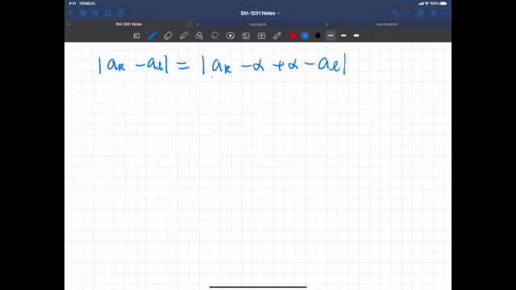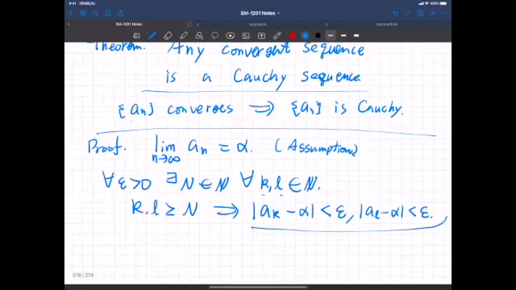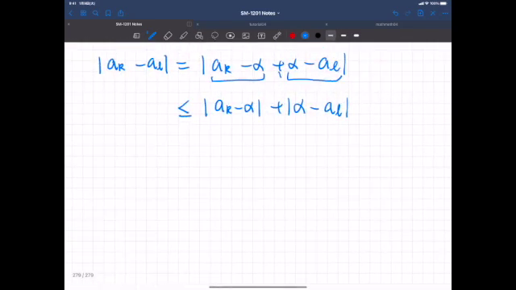So applying the triangle inequality, this is less than or equal to |a_k - α| + |α - a_l|. But according to this assumption, it's a convergent sequence, so both of these terms are less than epsilon.